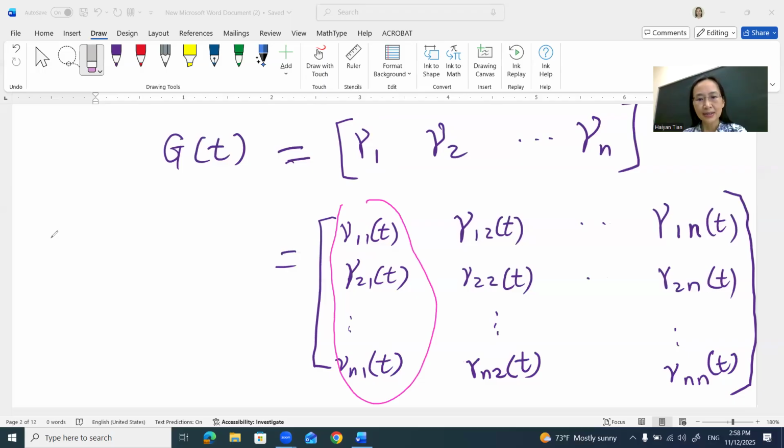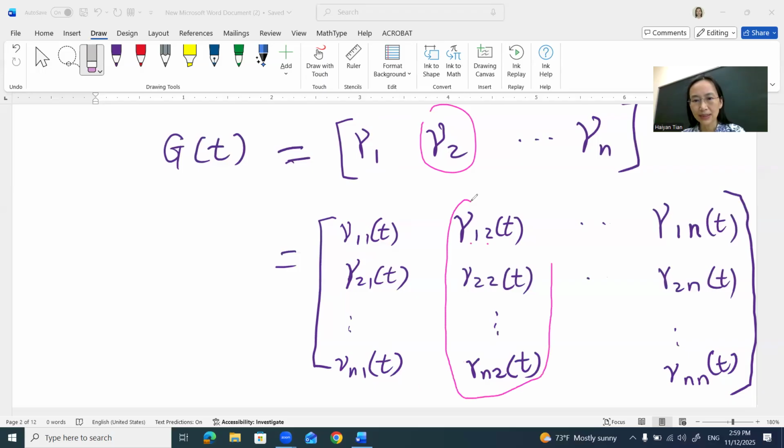And then similarly, gamma 2 is placed in the second column. This is the first entry of this column, the second entry of this column, and the last entry of gamma 2.